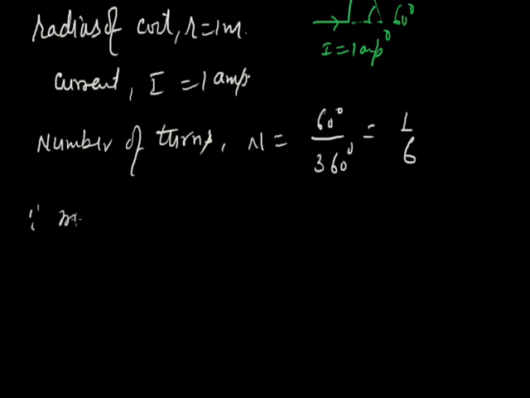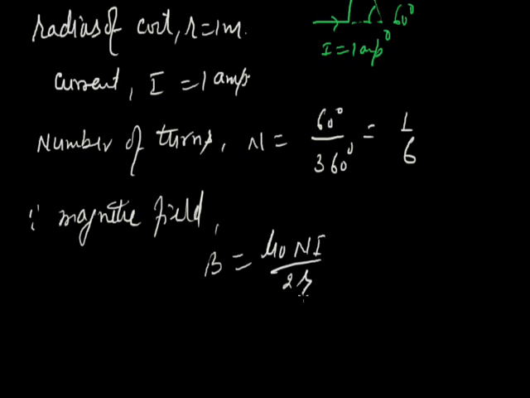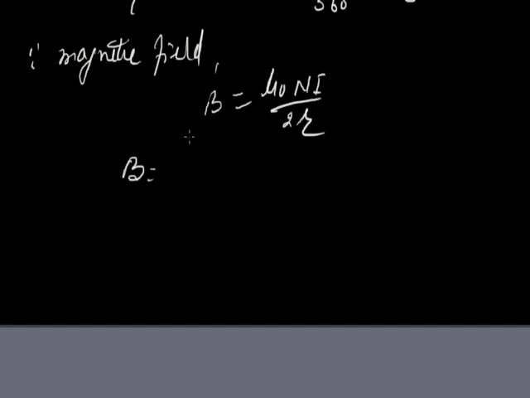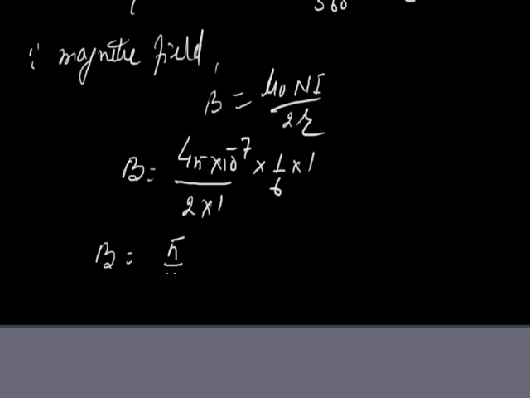Magnetic field B is given by mu naught N I upon 2R, that's 4 pi into 10 raised to the power minus 7 into 1 by 6 into 1 divided by 2 into 1. That's B is pi by 3 into 10 raised to the power minus 7 Tesla.